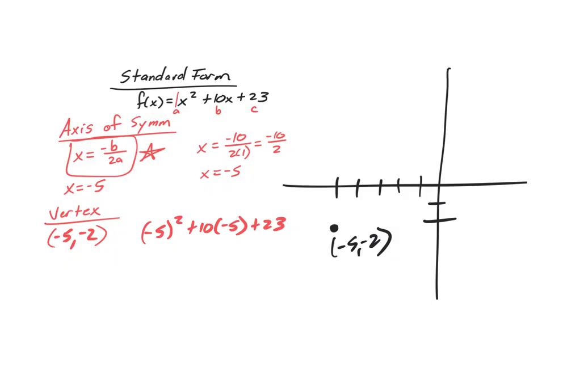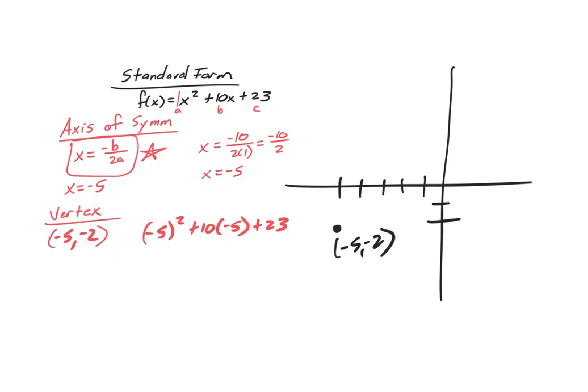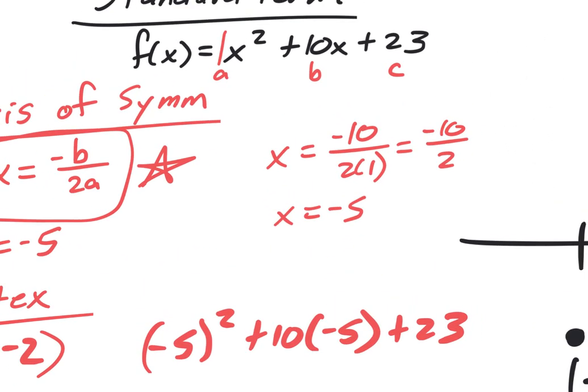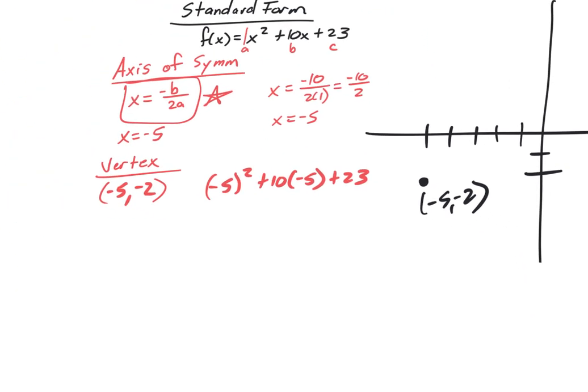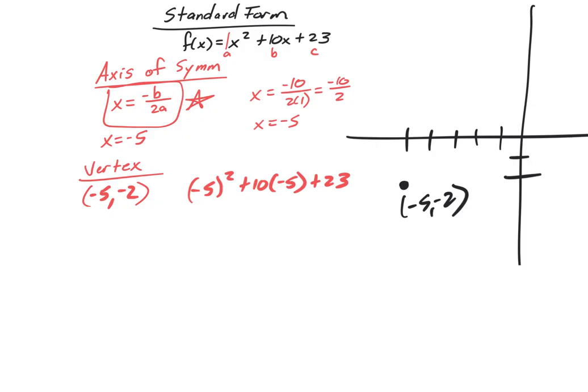We know that, and this is the one thing that the two forms do have in common, they have an a value, right? Here, the a value is 1, and it's positive 1. So that means my graph is going to open up. The only other thing that I'm going to do here is I'm going to graph this.